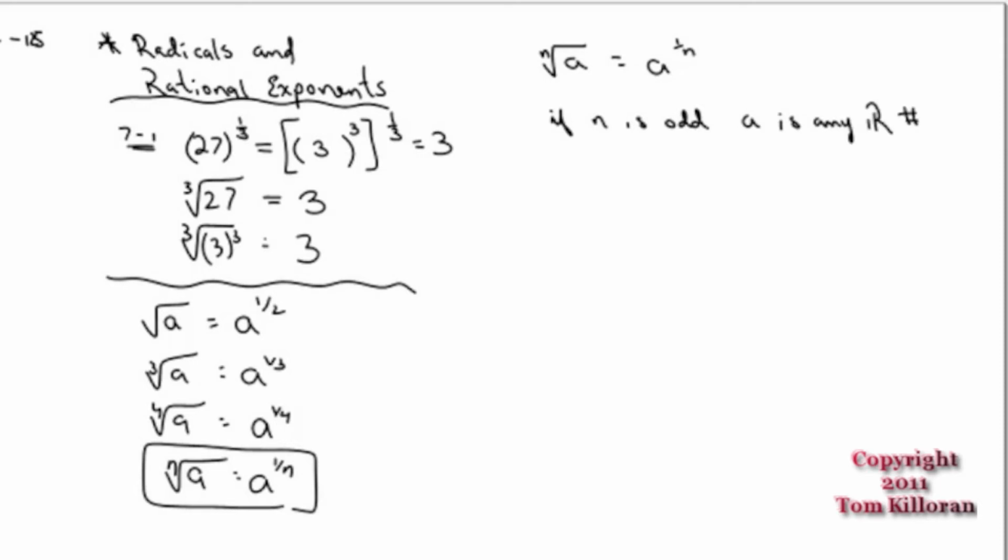Oh, by the way, that little symbol there, you might as well get used to it. It's a double bar R, it represents real numbers. If n is even, then a and the nth root of a are positive. Principal root, principal answer.